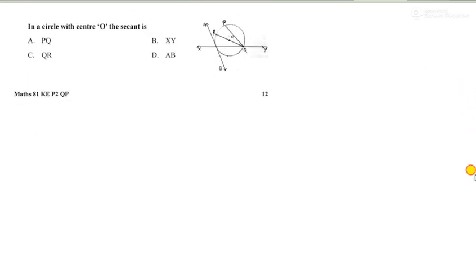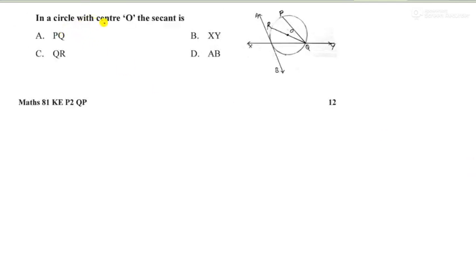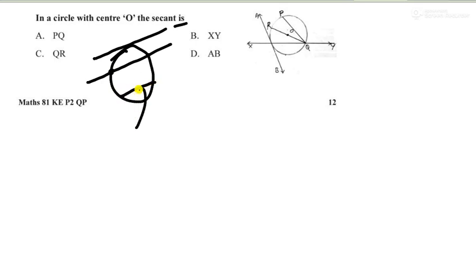Next, question number 33. In the circle with center O, the secant is dash. So you must be aware of these three things. A line touching only one point is a tangent. A line passing through the circle and cutting at 2 points, we call that a secant. And a line within the circle joining 2 points is a chord.